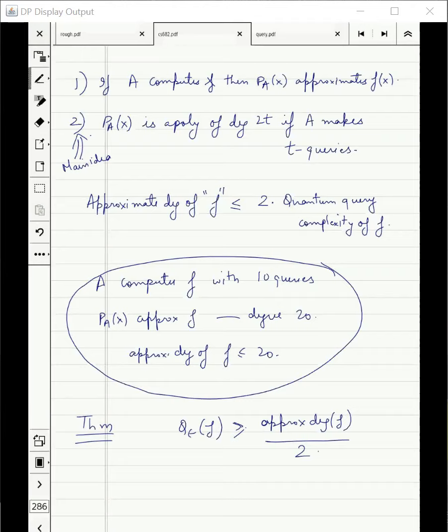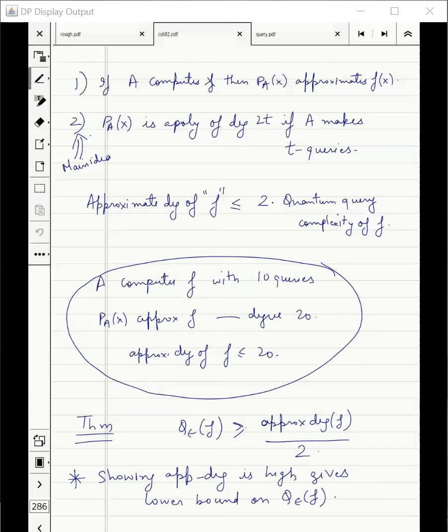If we show that the approximate degree is high, then we get a lower bound on quantum query complexity. That was our aim. We wanted to give a lower bound on quantum query complexity. Instead, we can bound approximate degree.